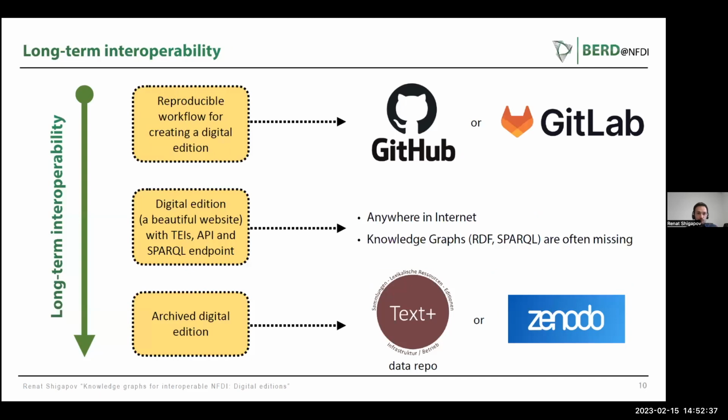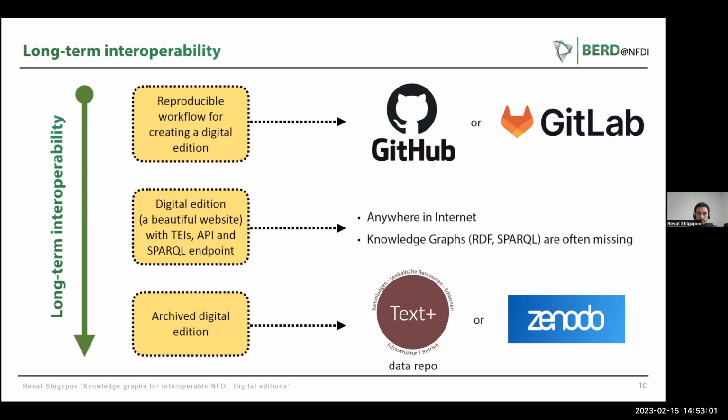And if we talk about long-term interoperability of digital editions, I think here we should mention 3 points. First of all, it's important to make your workflow for creating the digital edition reproducible. And that reproducible workflow can be stored at GitHub and GitLab.